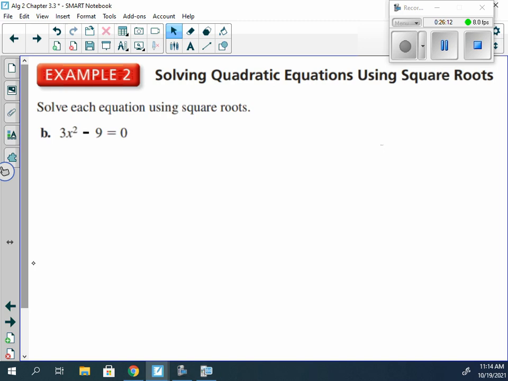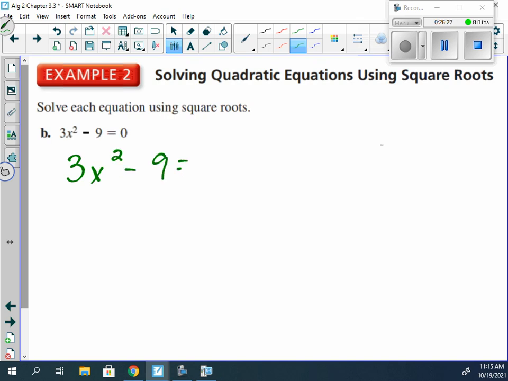Let's look at this one here. Is x squared by itself, or is there any other variable besides x squared? No. So that means we can use the square root method. So what can we do first?